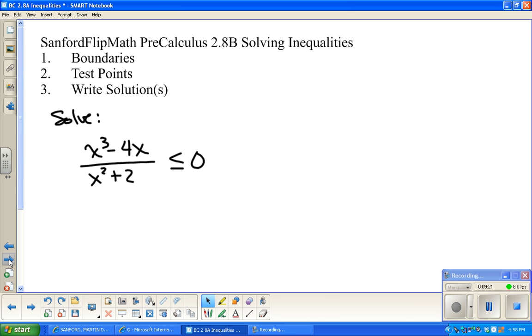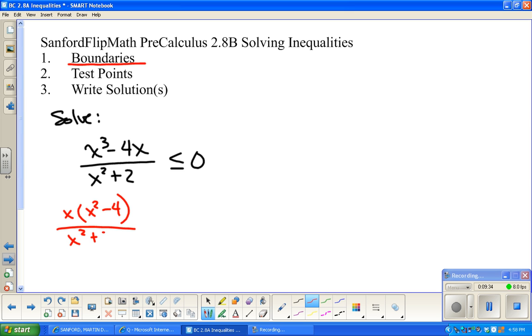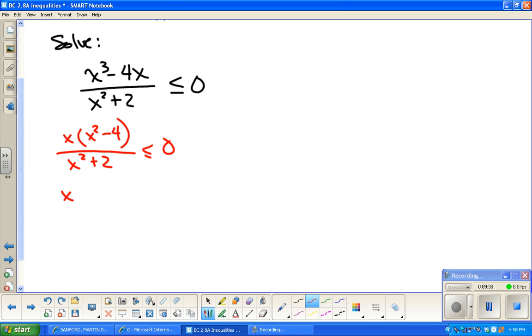Okay, now I'm going to keep going, and again, we're going to find boundaries, so that's where it's either equal or undefined first, and I'm going to do some factoring on the top. This is still less than or equal to 0, and I can factor the x squared minus 4.